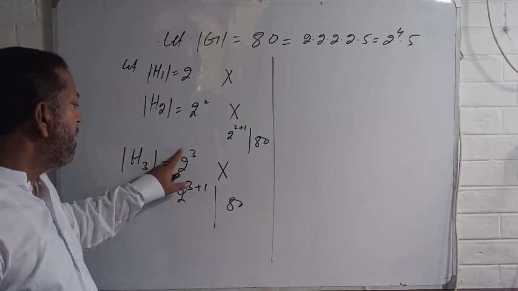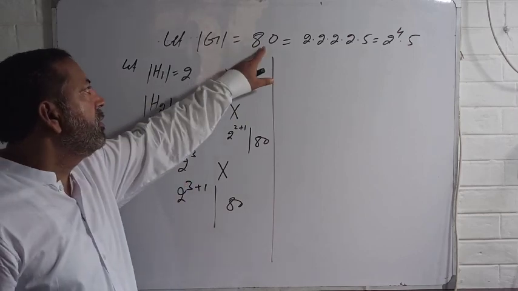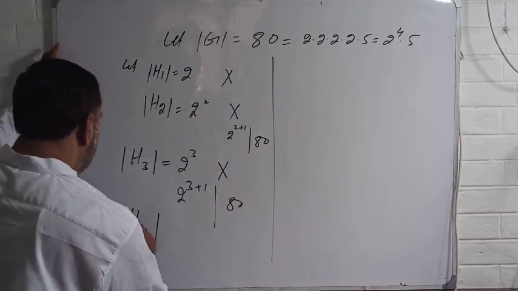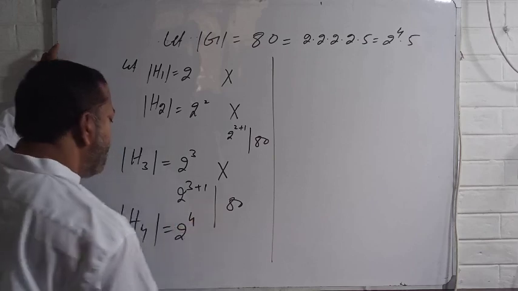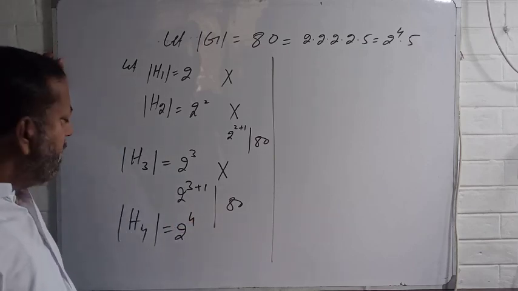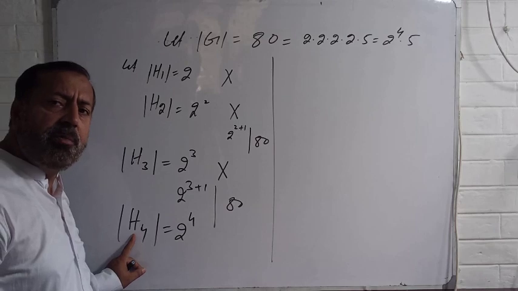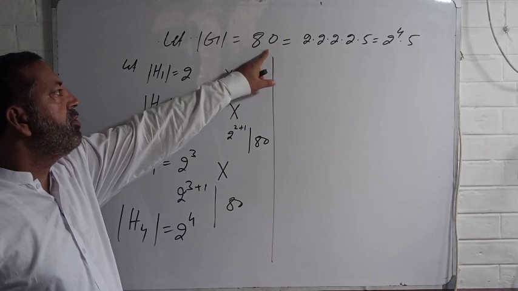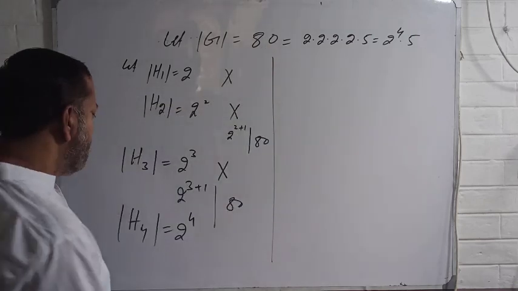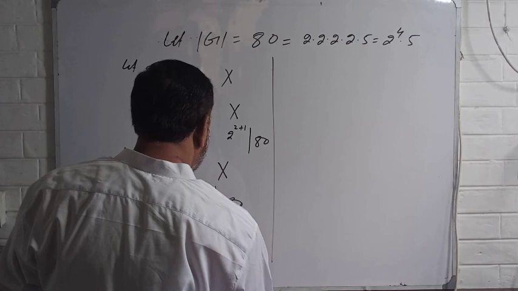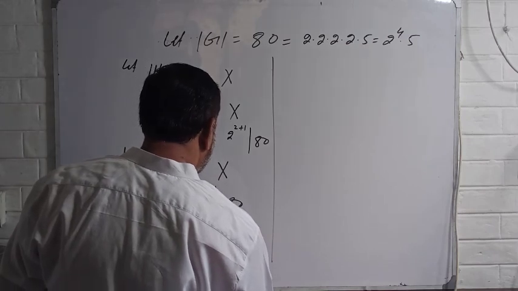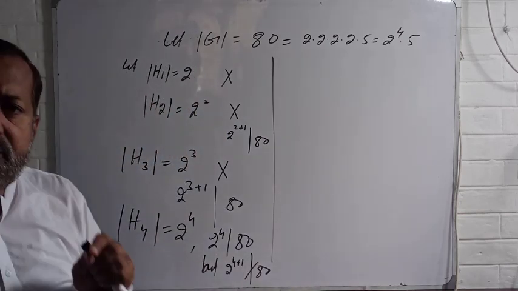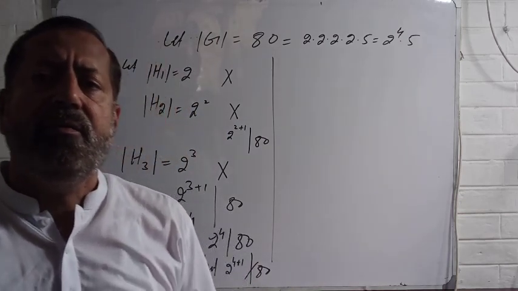So H4, if order of H4 is 2 power 4, yes, it means that H4 is a Sylow-p subgroup of order 16 because 2 power 4 is the maximum power which divides 80. You see 2 power 4 into 5. So here 2 power 4 divides 80, but 2 power 4 plus 1 does not divide 80. This means that H4 is a Sylow-p subgroup of order 16.